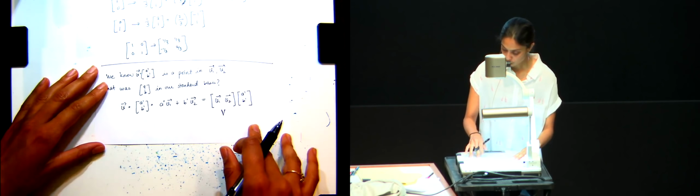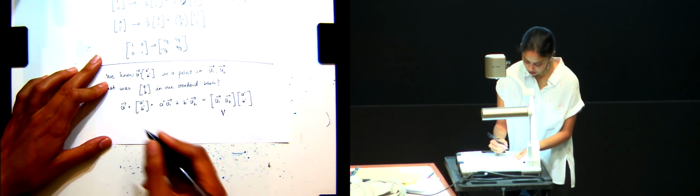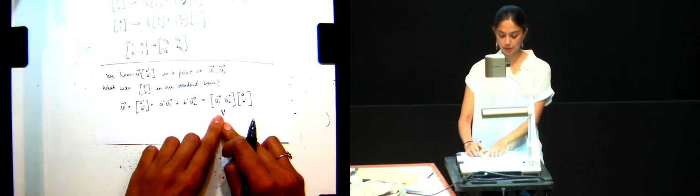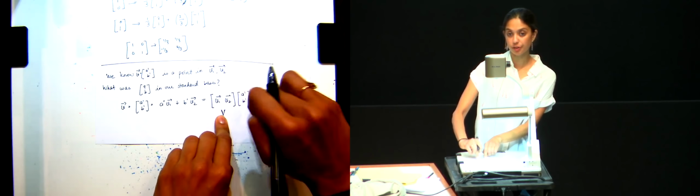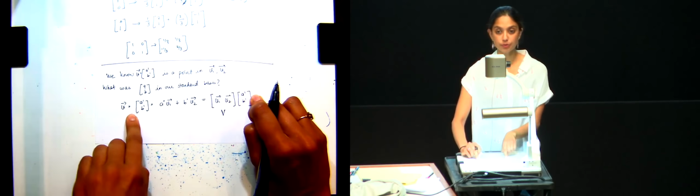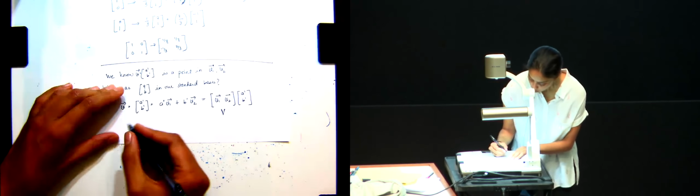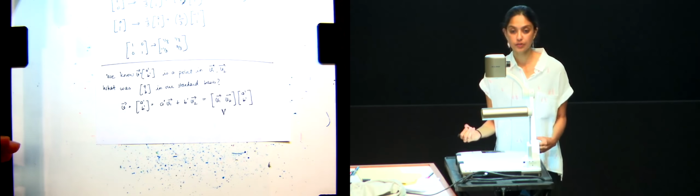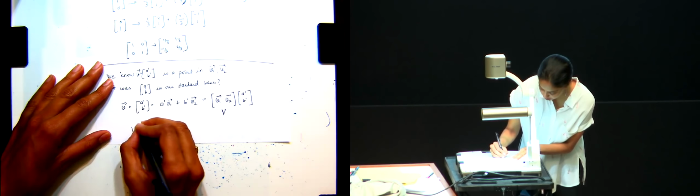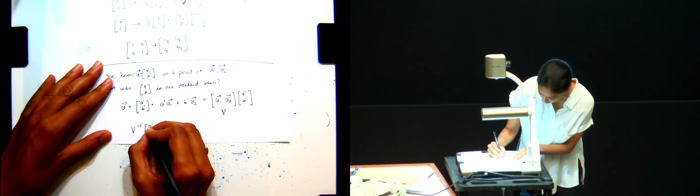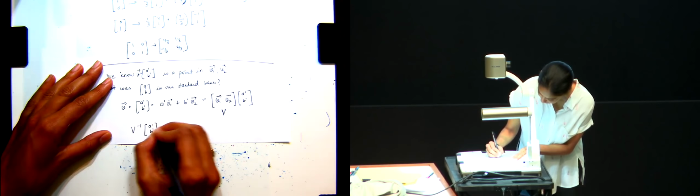And so now V maps a point in basis V1, V2 to E1, E2. What happens when I multiply both sides of this by V inverse? Oh, sorry.